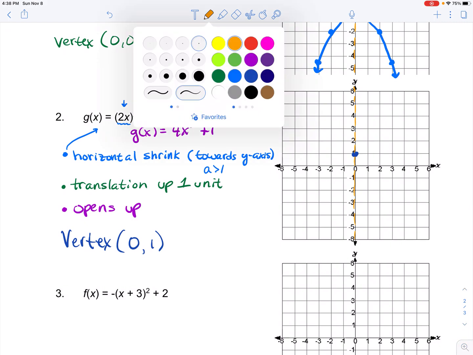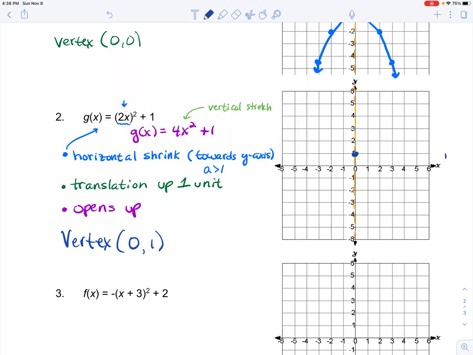Now, remember in the beginning I told you about the 1, 3, 5? So the parent function would be up 1 over to the right 1. But that's when a was 1. It was just x squared. Since a is 4, you're actually going to multiply each by 4 when you move on.